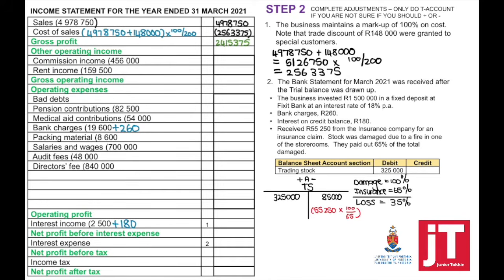I can either say 85,000 minus the amount which the insurance paid out, or we can say 55,250 times 35 divided by 65. The 35 was the total loss. We took 100 minus the 65. So those are my two options to calculate the loss due to fire.